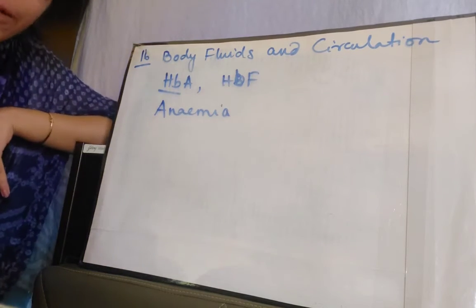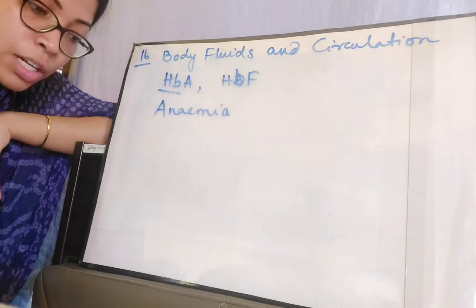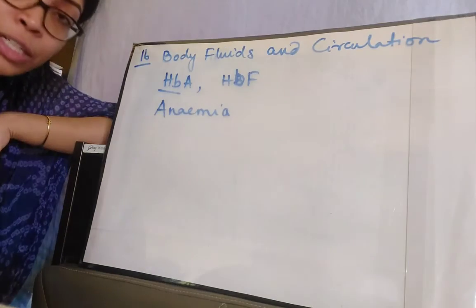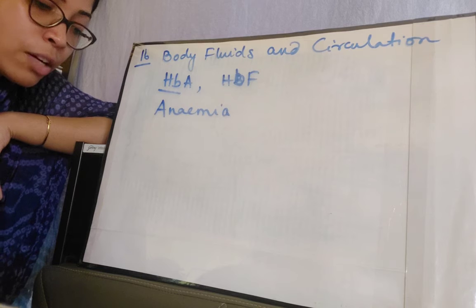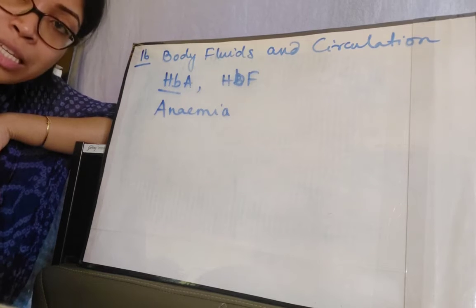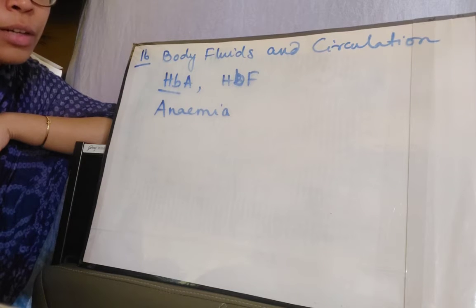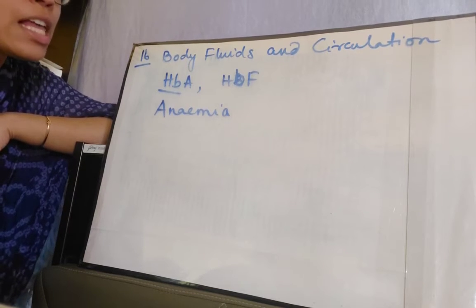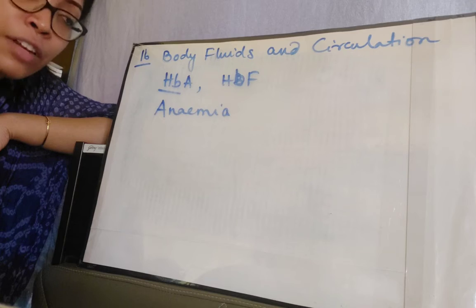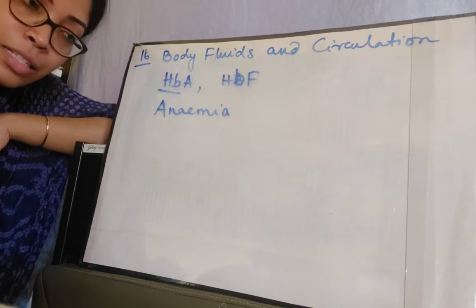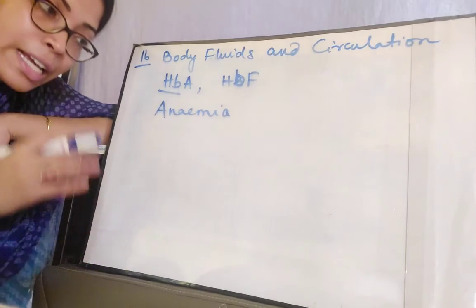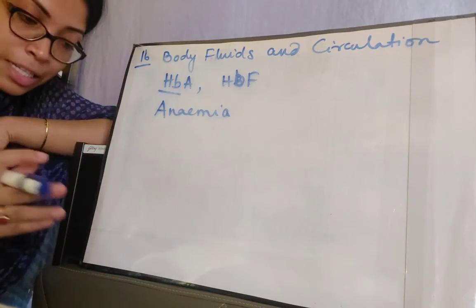The condition of the blood in which the number of functional RBCs or their hemoglobin content is below normal. Either there will not be enough functional RBCs in blood, or even if there are enough RBCs, their hemoglobin content is very low, so that they cannot perform their function in the body easily.